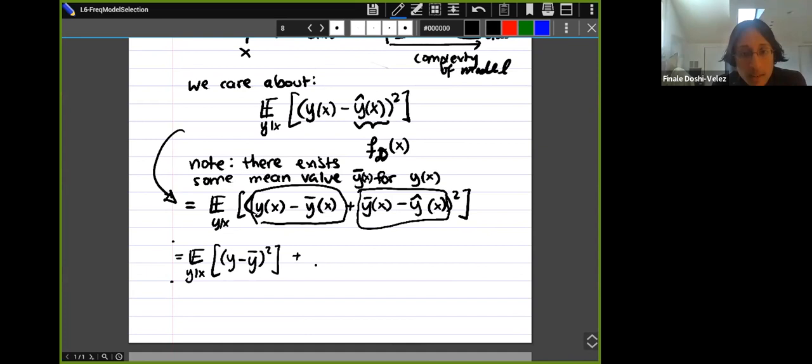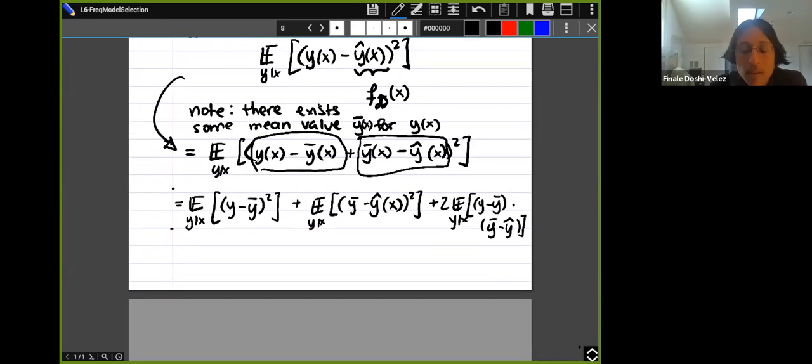We're going to have an expectation of y bar minus y hat of x squared plus 2 times the cross term. So this is just me multiplying out the terms that I defined up above.